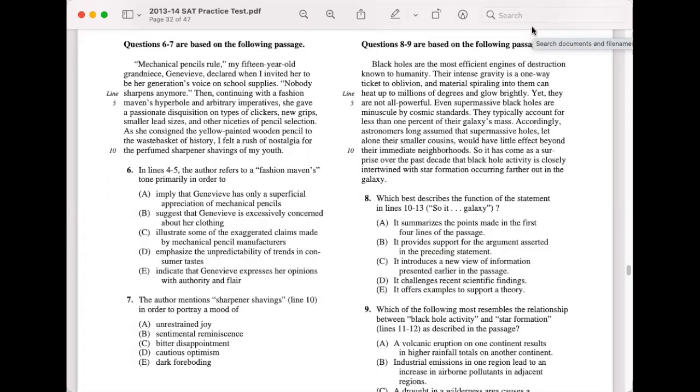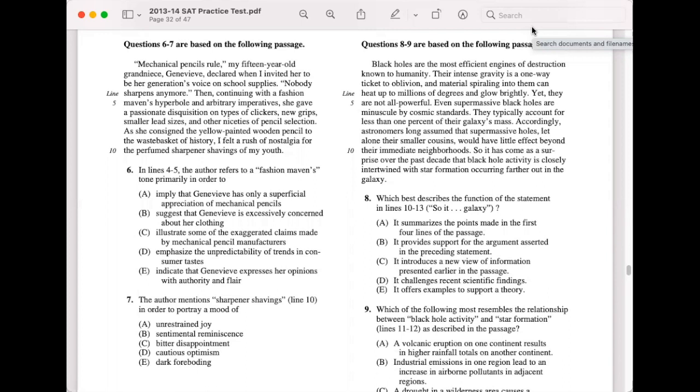There are two tiny passages here with two questions each. First passage: "Mechanical pencils rule," my 15-year-old grandniece Genevieve declared when I invited her to her generation's views on school supplies. "Nobody sharpens anymore."